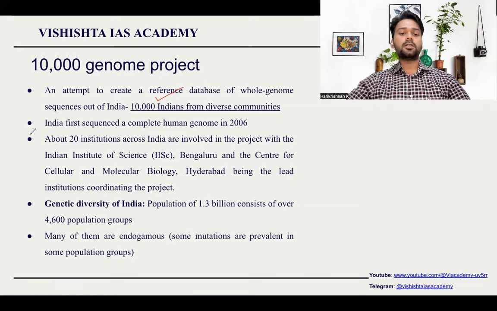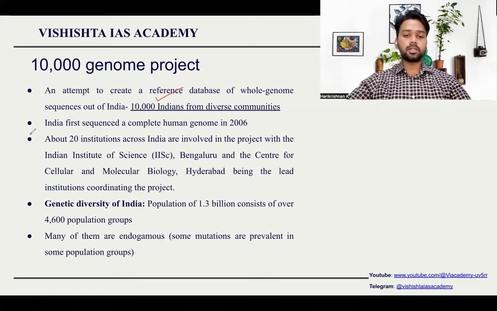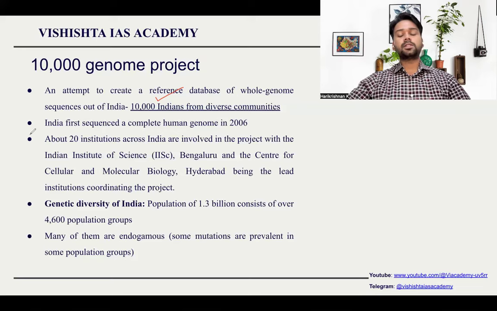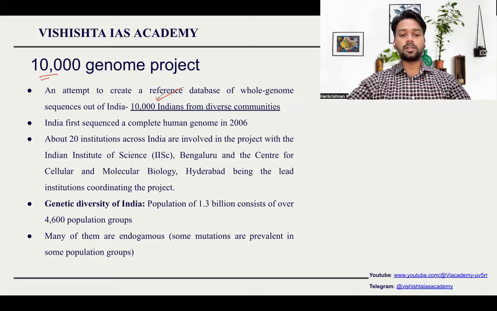Multiple different communities are there, different regions, religions, etc. And people have their own marital relationships. So there is a high scope of multiple different genomic sequences. So we have started a project to identify all these things. In this particular project, 10,000 Indians from diverse communities have been identified and their genomes were charted out.